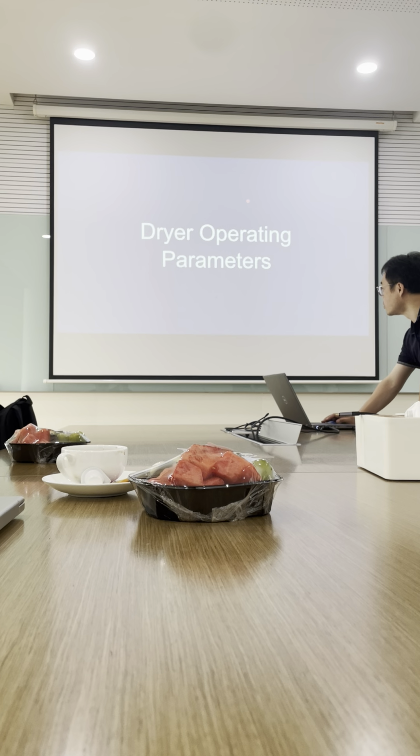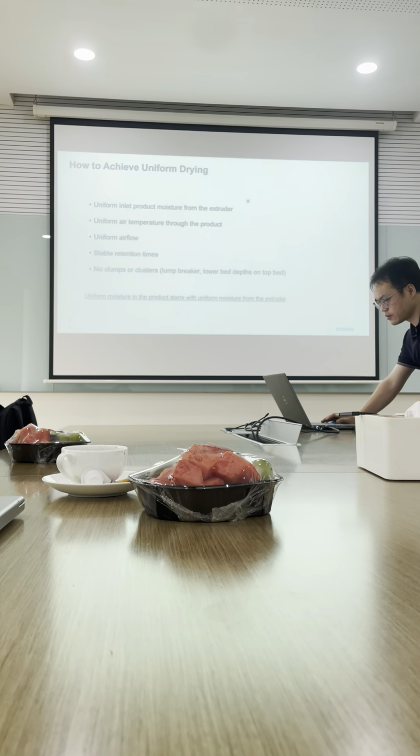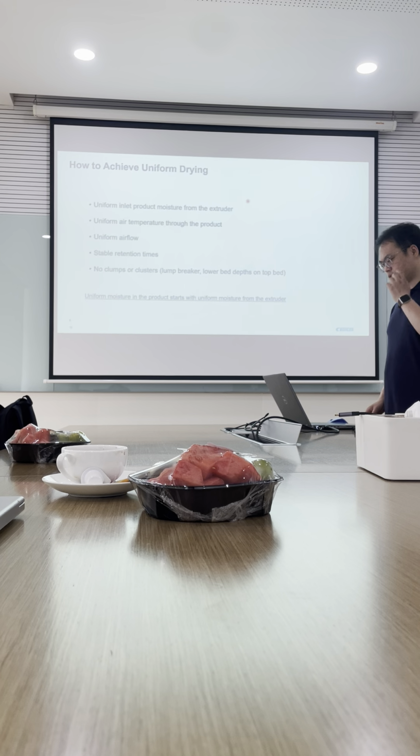Next is about the dryer rating parameters. We usually say we need to achieve uniform drying. So we need to consider the following items: uniform intake product moisture from the extruder, uniform air temperature through the product, uniform airflow, and stable residence time, with no lumps or clusters in the product.